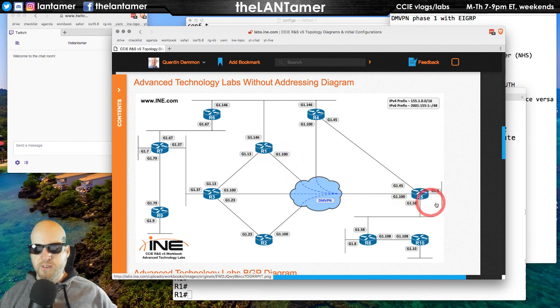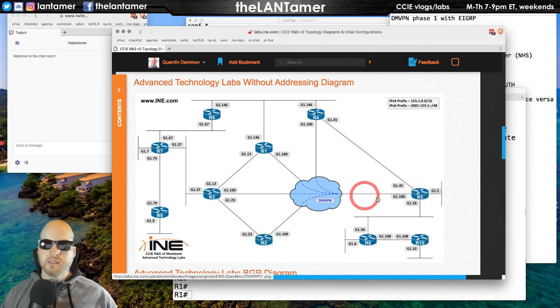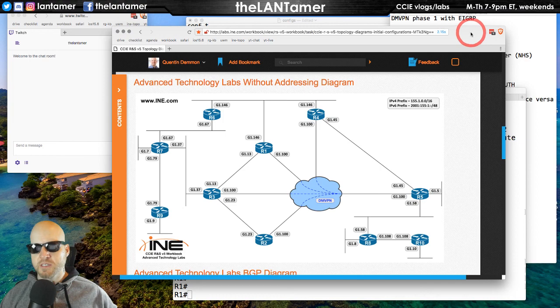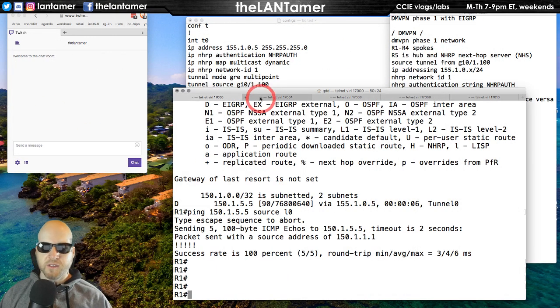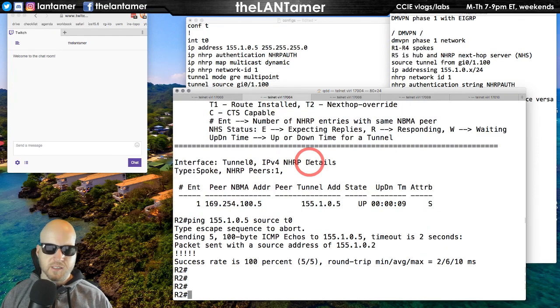So it goes to router 5. Router 5 has to de-encapsulate, decrypt if we're using IPsec, then route the packet back out this interface, encrypt, encapsulate, etc. So as you can see, that's not scalable because it puts a lot of stress on router 5, but that is phase one. That is one major difference.